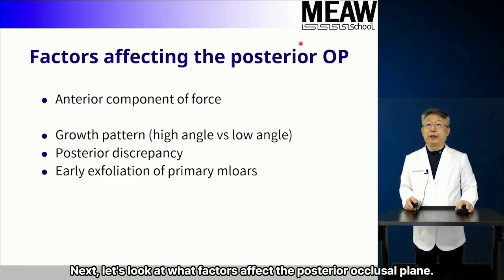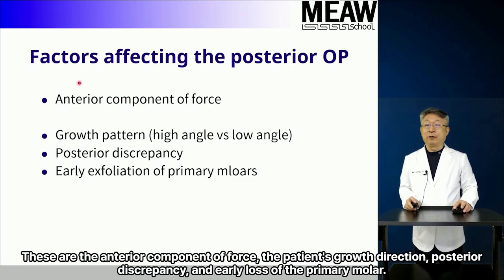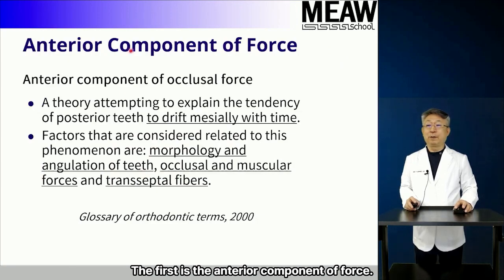Next, let's look at what factors affect the posterior occlusal plane. These are the anterior component of force, the patient's growth direction, posterior discrepancy, and early loss of the primary molar. The first is the anterior component of force.